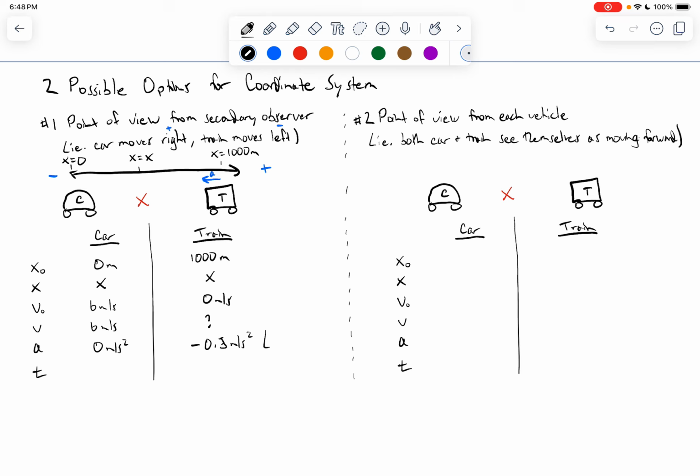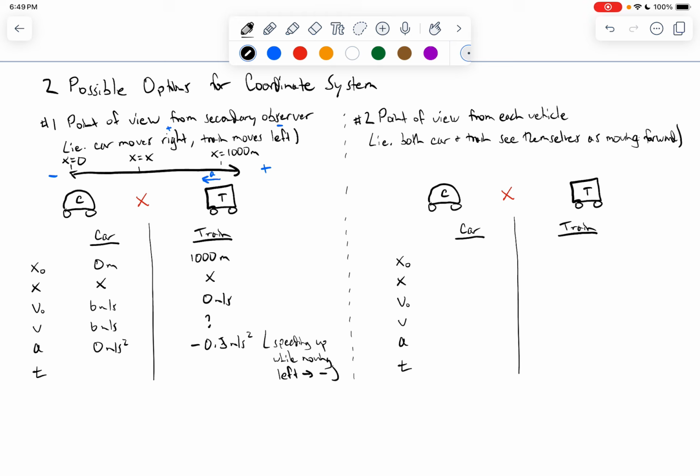Again, the negative sign comes in because we are speeding up and getting faster while moving left. So that's where the negative sign is going to come from, the negative 0.3 meters per second squared acceleration.